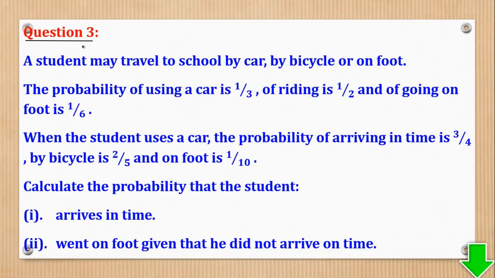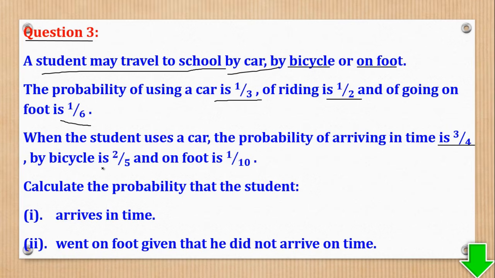Then question 3 says a student may travel to school by car, by bicycle, or on foot. The probability of using a car is 1/3, of riding is 1/2, and of going on foot is 1/6. When the student uses a car, the probability of arriving in time is 3/4.